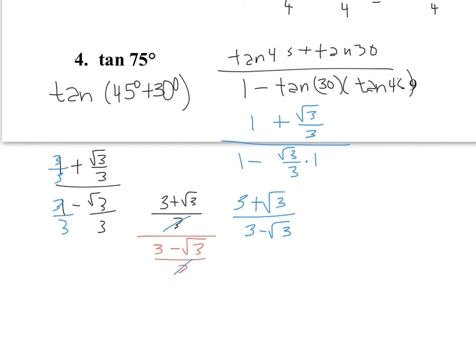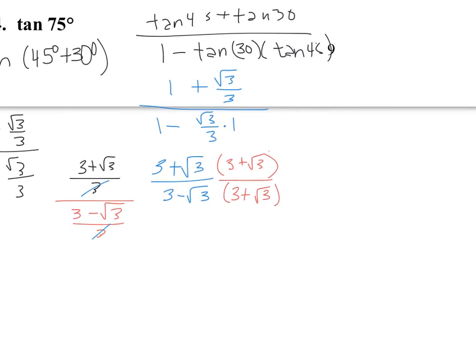So I'm going to rationalize this and multiply by 3 plus root 3, the conjugate of the denominator. Then if I FOIL the numerator, it's going to be 9 plus 6 root 3, because that's my outside and inside terms, and then plus 3, because root 3 times root 3 is 3.